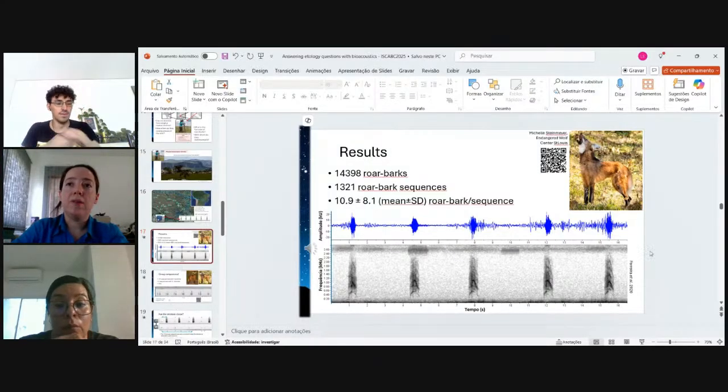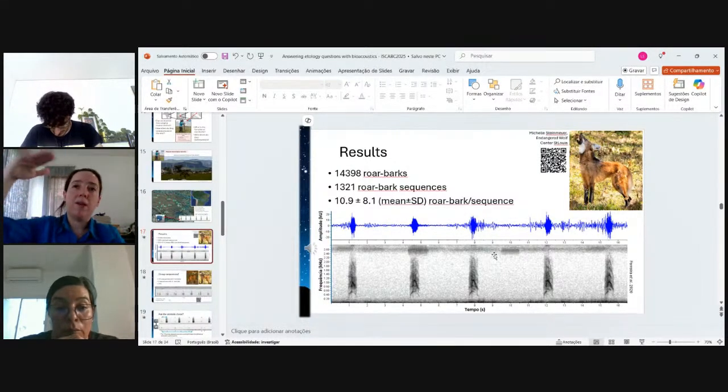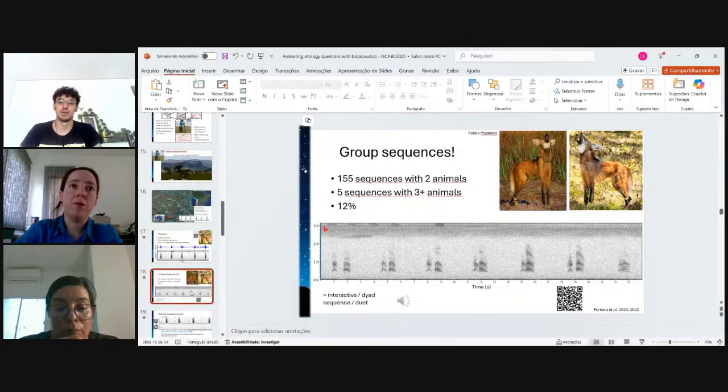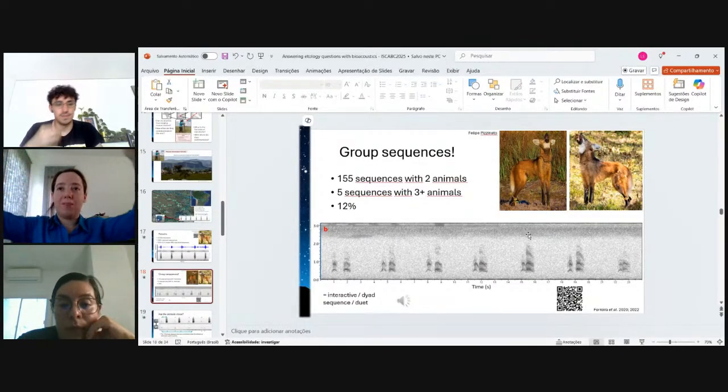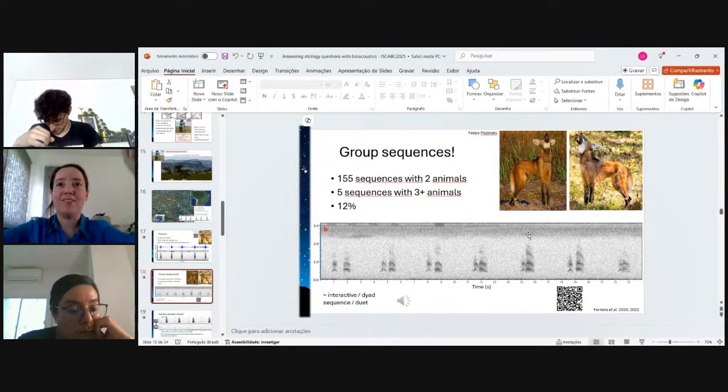And then you have insects that are in higher frequencies. In this case it's hard to see because the recordings were only up to 4 kilohertz, but there are a lot of bands of different insects.